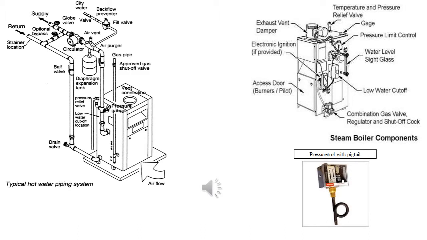Another difference you will notice is that a steam system has a water level sight glass, or gauge glass. A steam boiler must have room for the water in the boiler to change to steam, so the proper water level must be maintained. If the water level is too high, there will not be enough room to properly produce steam.